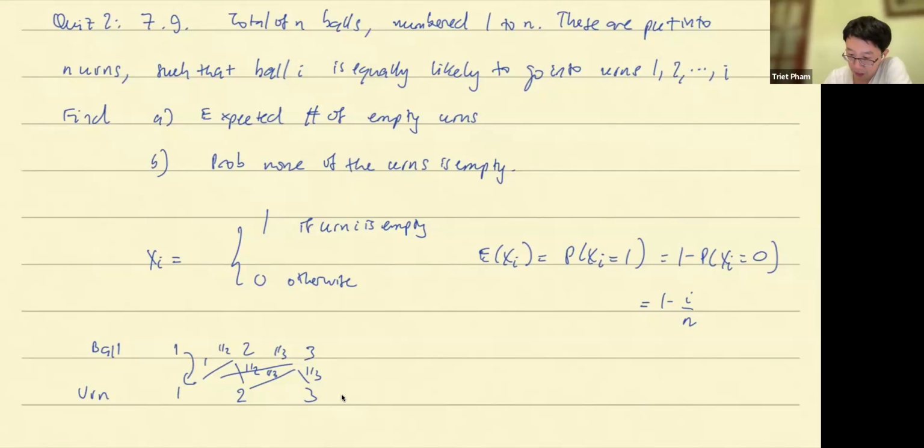So what I think is to look at this. What does it mean for an urn to be empty? That means no ball goes into it. And how would no ball go into it? Well, every single ball will miss it.